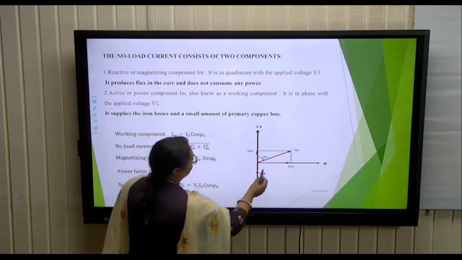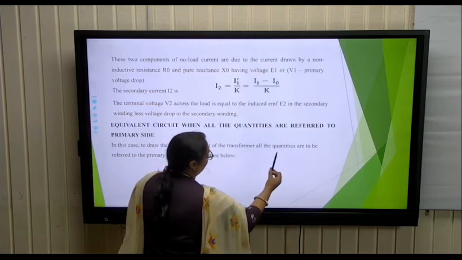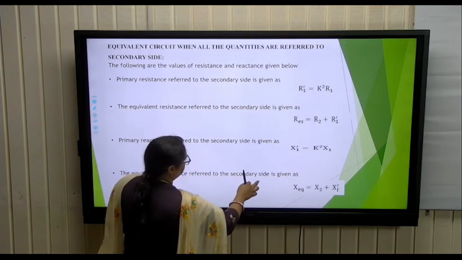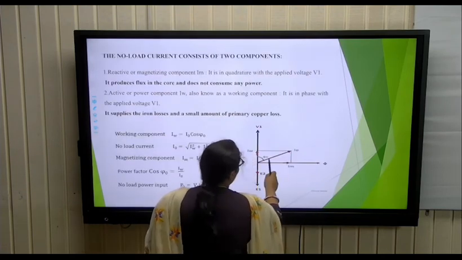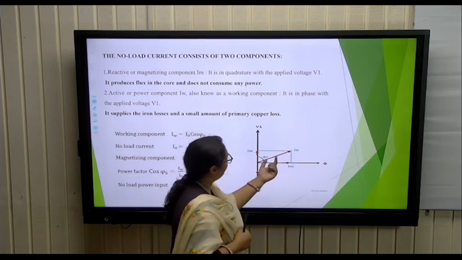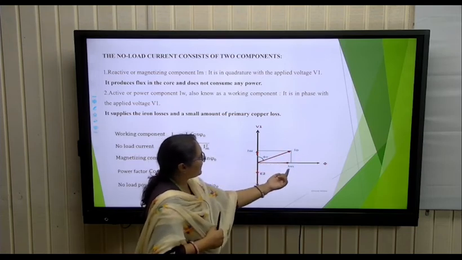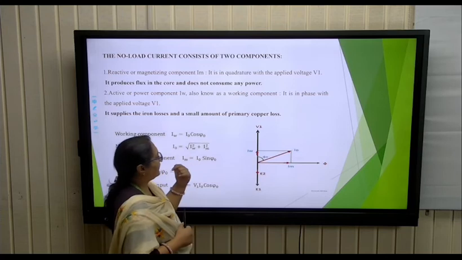From this phasor diagram you can see this is your total primary current, the no load current I0, which is bifurcated into the magnetizing current and the working current.